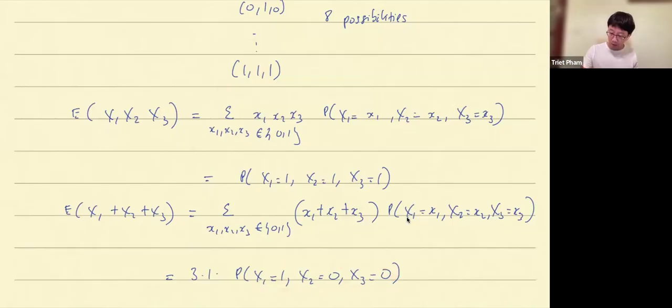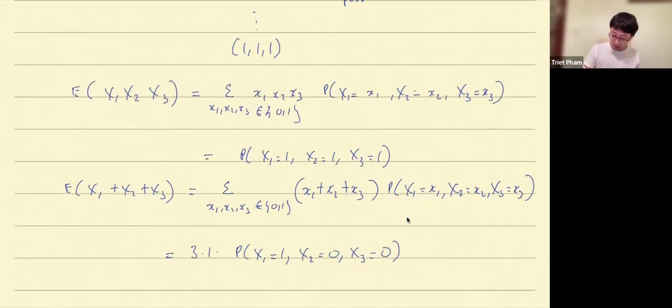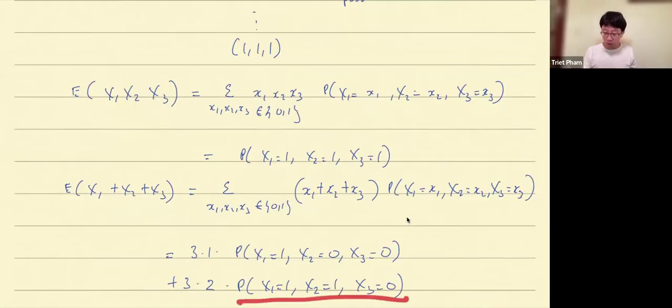And then you have 3 times 2 times, again because we argue that these are equal, whether it's 1, 1, 0, 1, 0, 1, or 0, 1, 1.